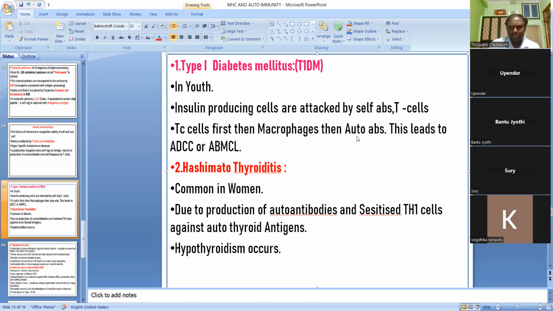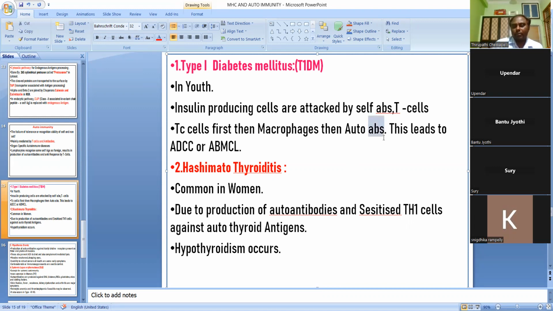Simple. Cytotoxic T cells first attack our altered pancreatic cells. Then macrophages are also attracted to that area due to agglutination of antibodies.